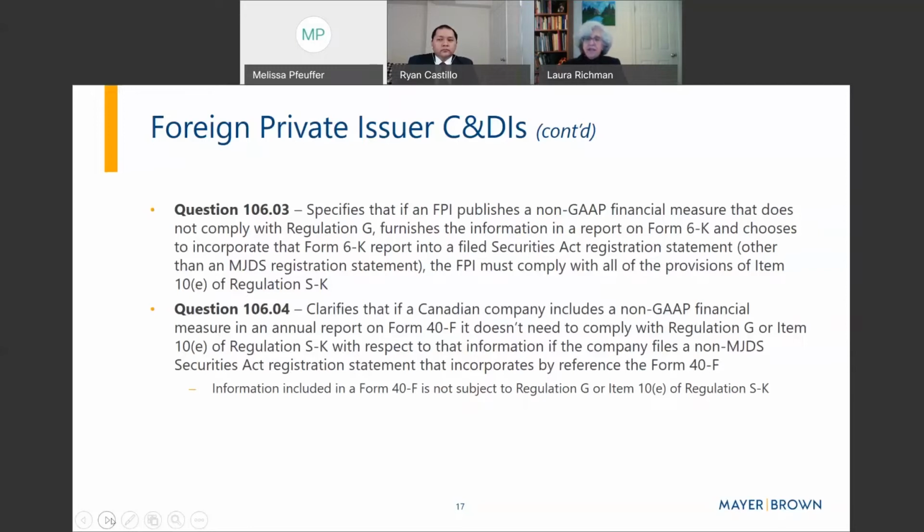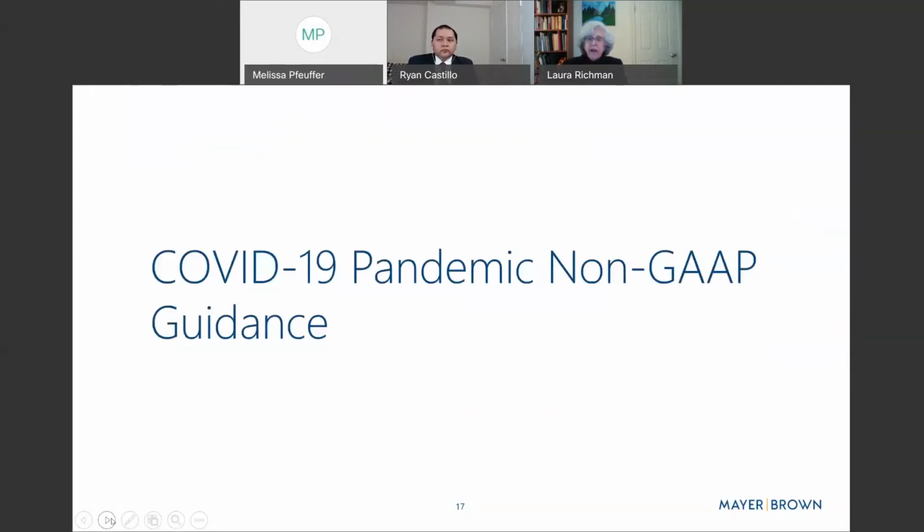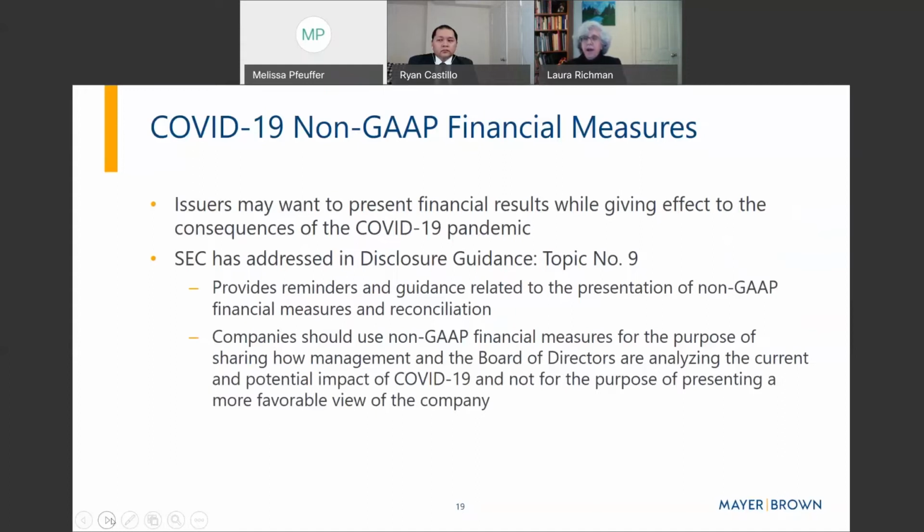So now let's move to slide 19 and talk more specifically about COVID non-GAAP measures. And to do that, I want to go back to last March when the staff issued CF Disclosure Guidance Topic 9, and that provided guidance on disclosure and other securities law obligations for companies to consider with respect to COVID-19.